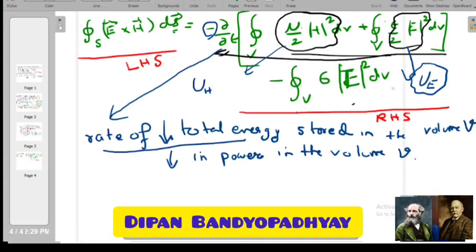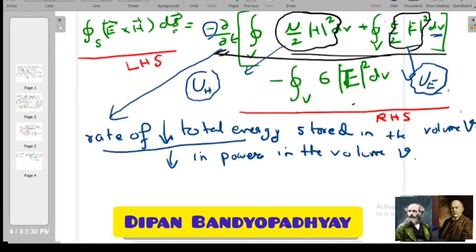Why per unit volume? We have a volume integral multiplied here, so for energy this term should be energy per unit volume. UH is the magnetic energy per unit volume and UE is the electric energy per unit volume, or you can simply keep it as it is. No need to write UH and UE. I'm just saying, if you follow any other reference, you will see UH and UE, so don't get upset about what this term is. It is nothing but the energy per unit volume.